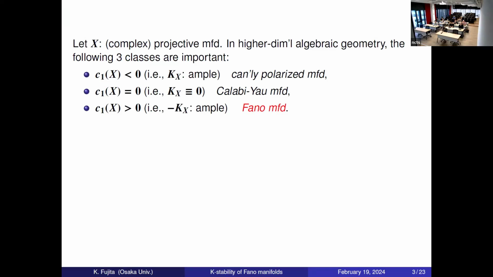These are called canonically polarized, Calabi-Yau in the weaker sense, and Fano manifolds. In this talk, the last one, Fano manifolds, is the most important object. For example, if the complex dimension is equal to 1, then every smooth projective curve can be divided by genus: genus bigger than 1, genus 1, genus 0.